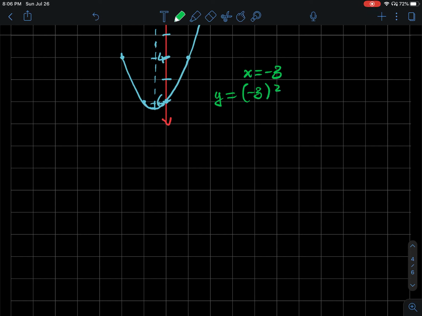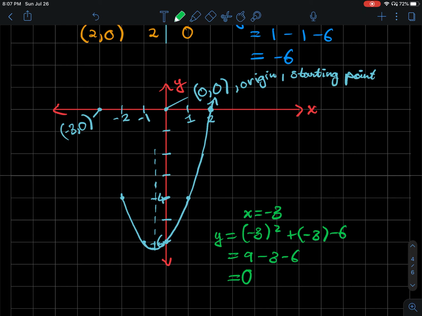Y equals -3 squared plus -3 minus 6, or 9 minus 3 minus 6, which is 0. And since we got 0 for -3, this point is on the graph. So we can connect these final two dots, and that'll sort of give us the other side of our graph.